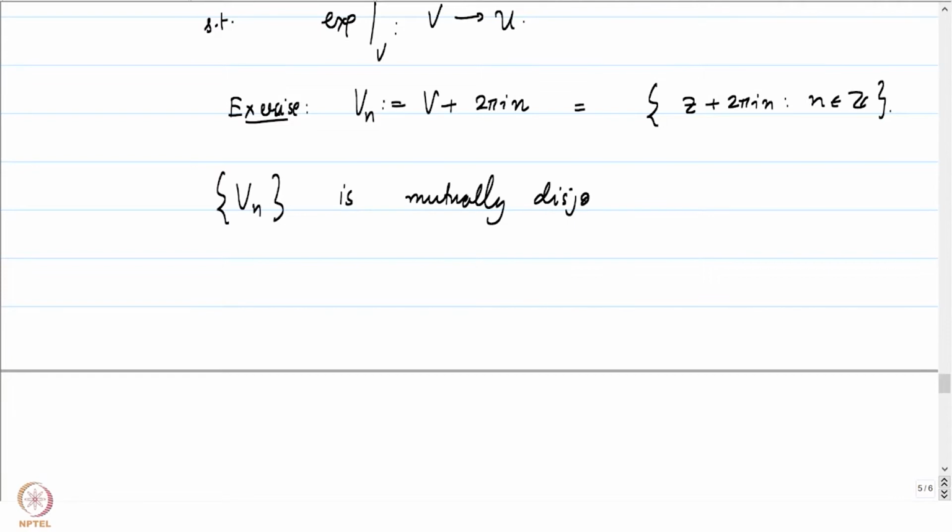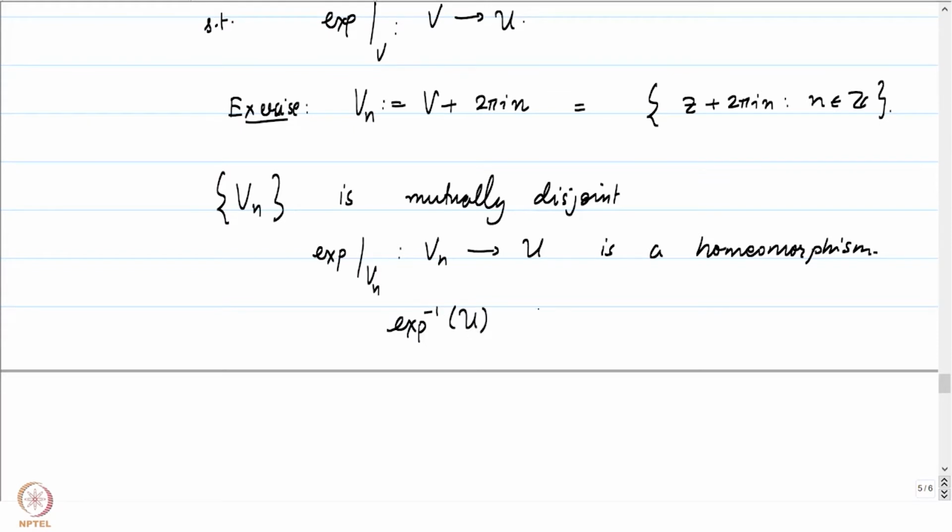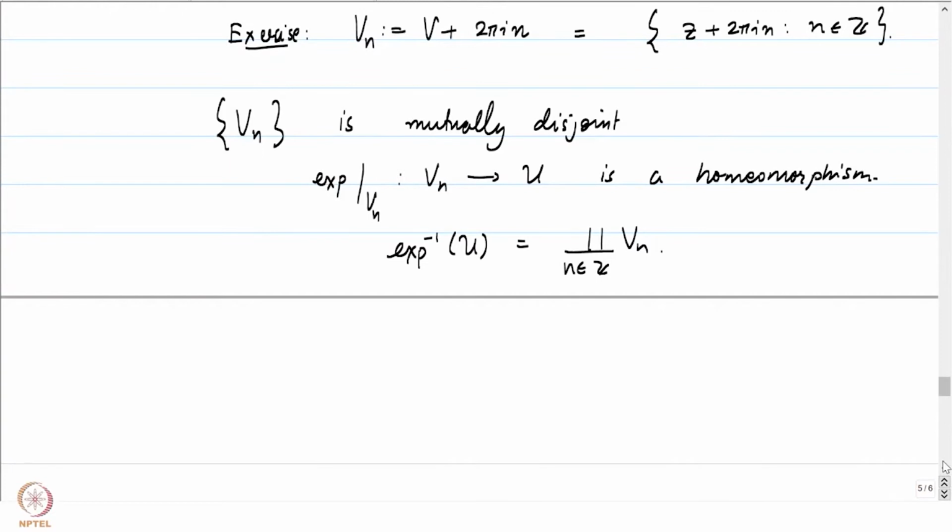And another observation would be that f restricted to Vn, from Vn to U, is a homeomorphism. F is the exponential map here, and therefore the exponential inverse of U is just going to be equal to the disjoint union of Vn, where n varies over integers. And that's precisely what we were trying to prove.